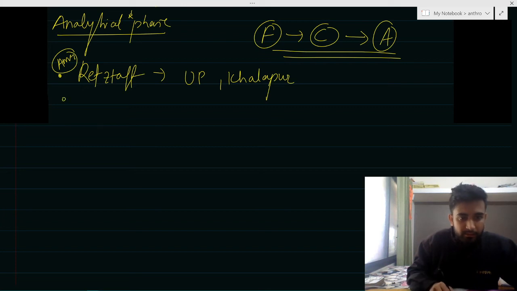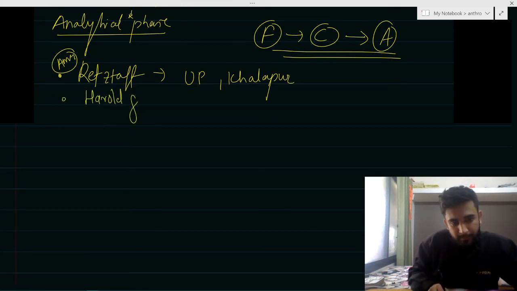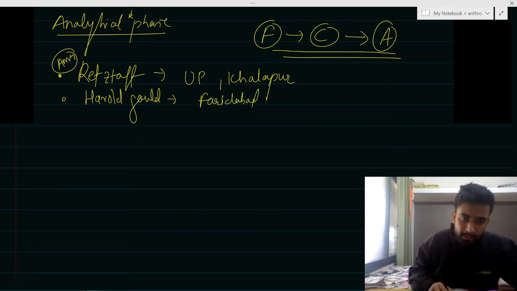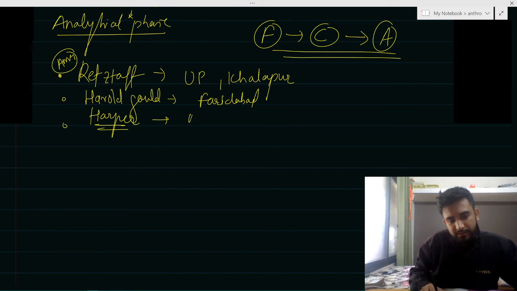Then Harold Gold, American again, went to Faridabad. The third one is Harper, who studied Mysore. I'm writing down all the names.